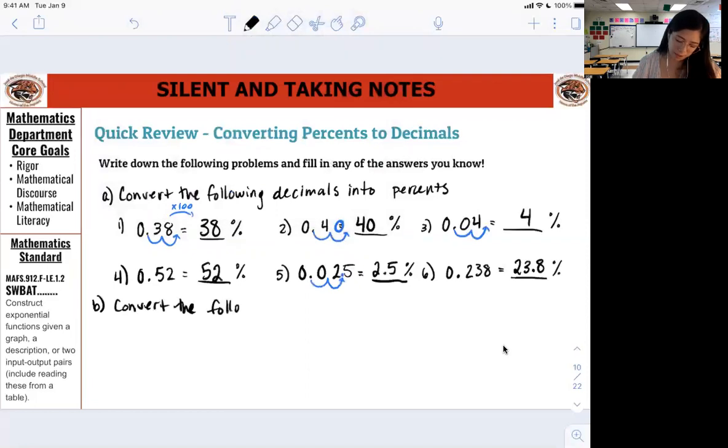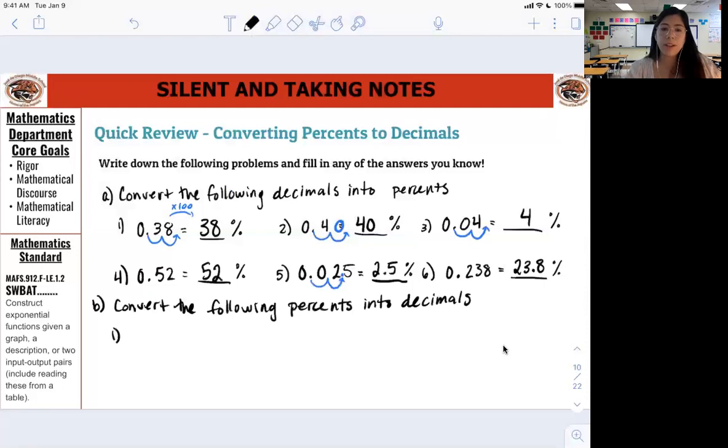Okay, let's go the other way. Same idea, write all of these down, go through them on your own, and then we'll go through them together. Okay.